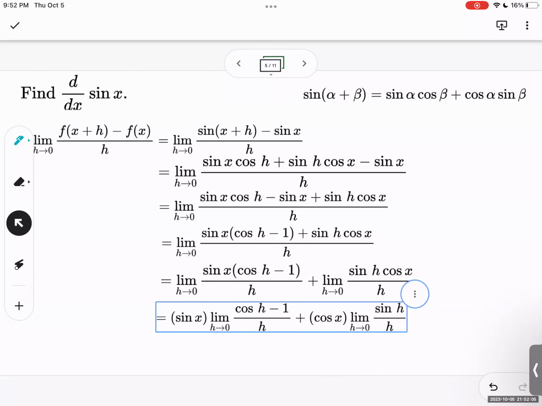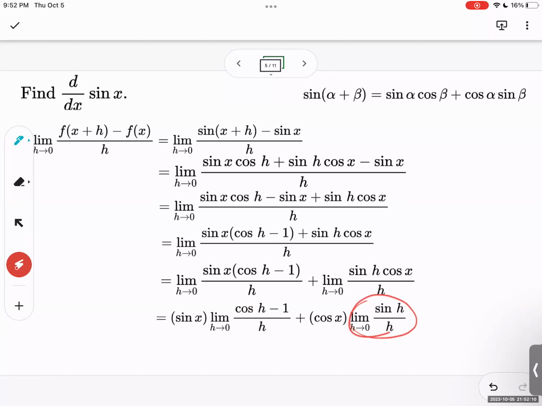So we need to know two limits. We need to know the limit as h approaches 0 of sine h over h, and we need to know the limit as h approaches 0 of cosine h minus 1 over h. The limit as h approaches 0 of sine h over h, there was a video for you to watch and follow along and submit for homework.